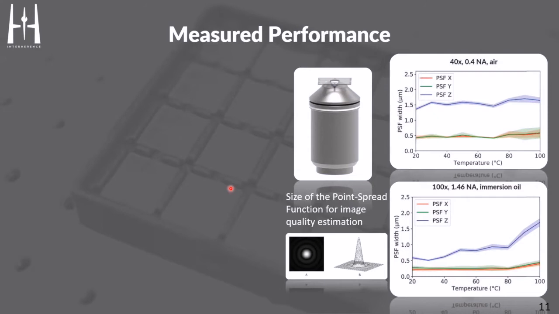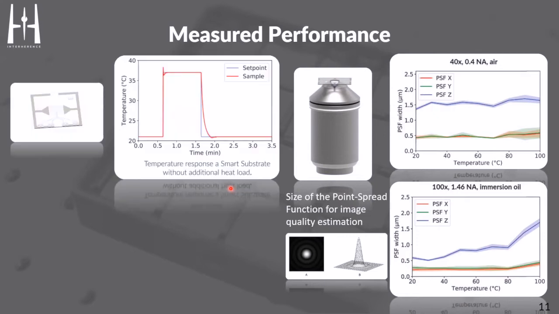And upon that, I would like to show you the temperature dynamics of this system. This is shown on the left side. We have a substrate, and the blue curve represents the set point of the temperature, and the red curve is the actual measured temperature on top of the sample.